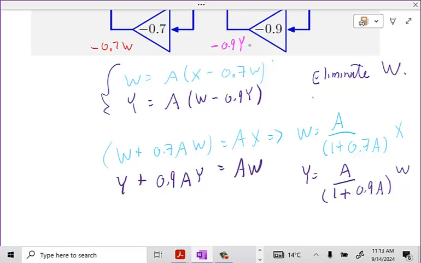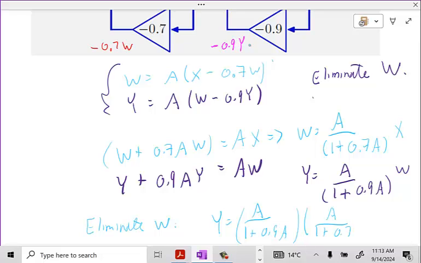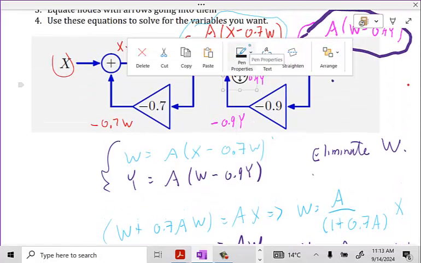Now we can eliminate W. If we eliminate W, then we get Y equals A over 1 plus 0.9A times A over 1 plus 0.7A times X. And we get the same result that we saw before, that the transfer function for two systems in series is just the product of the transfer functions.